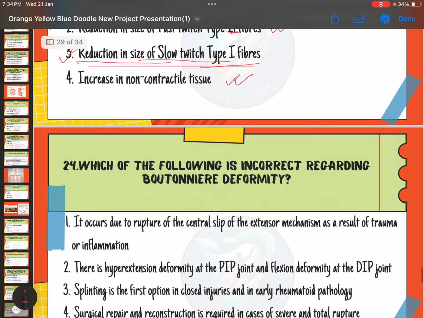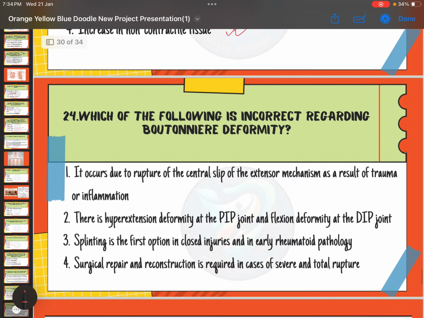Next, come to question number 24. Which of the following is incorrect regarding boutonniere deformity? Option 1. It occurs due to rupture of the central slip of the extensor mechanism as a result of trauma or inflammation. Option 2. There is hyperextension deformity at the PIP joint and flexion deformity at the DIP joint.